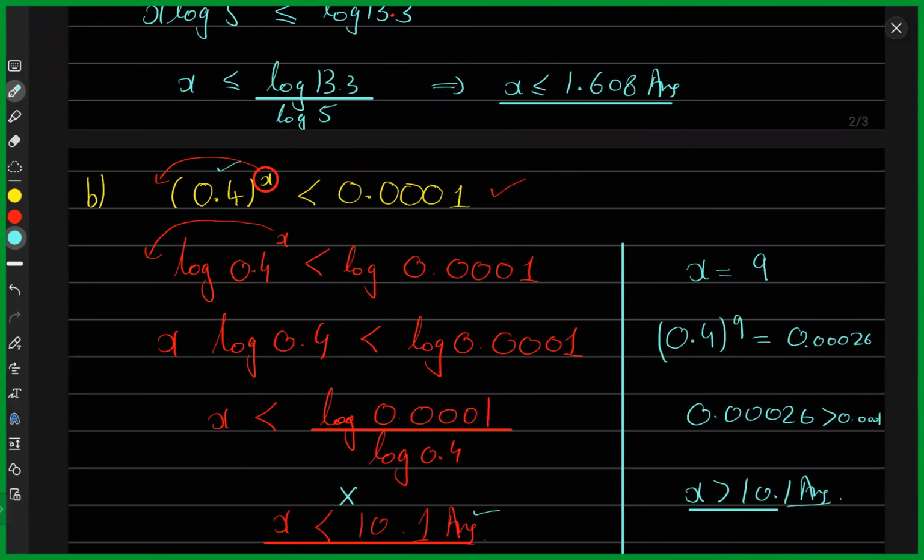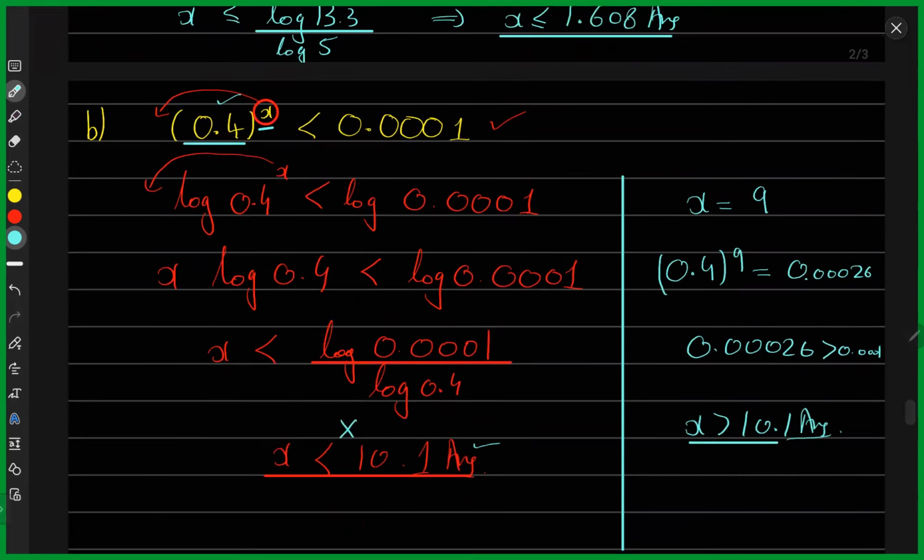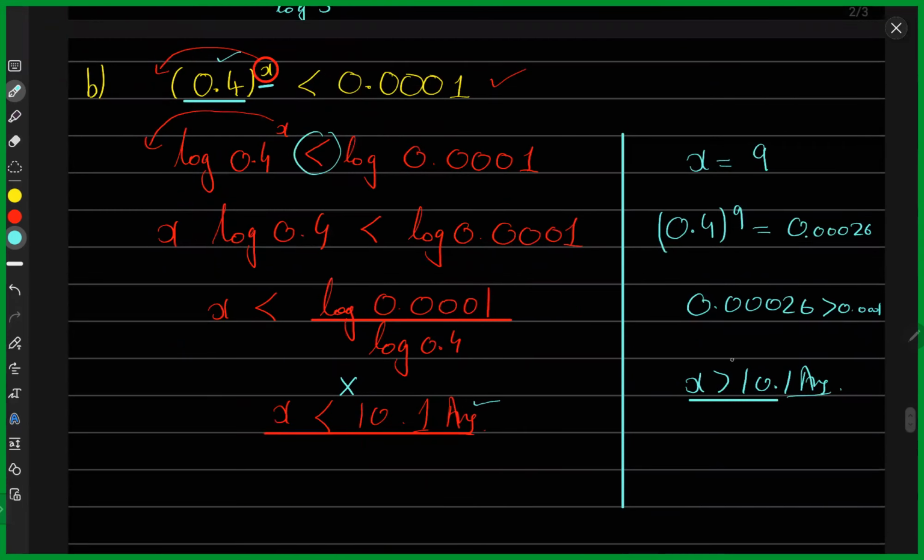So just know, whenever you have a decimal number with this x, for the final answer, the sign would be changed. Okay, you can use this way, you can use the graph method, you can plug in a value and check, and if your answer is wrong, then you can change the sign. So you have multiple ways of doing this question, right? Okay, all right.